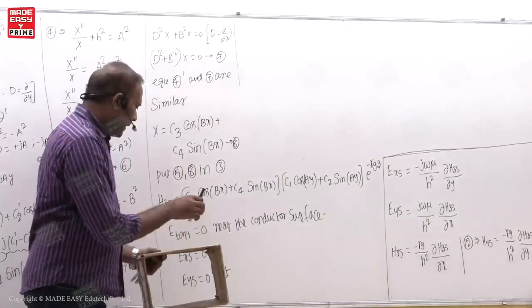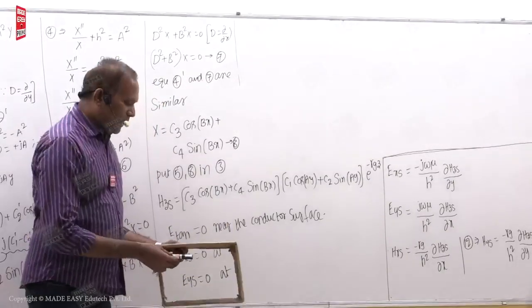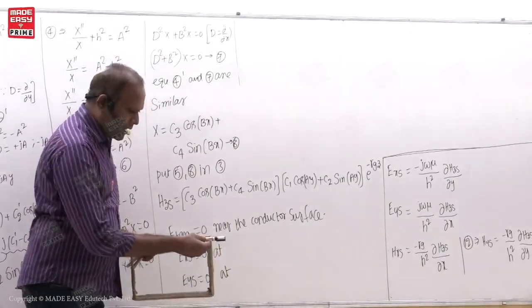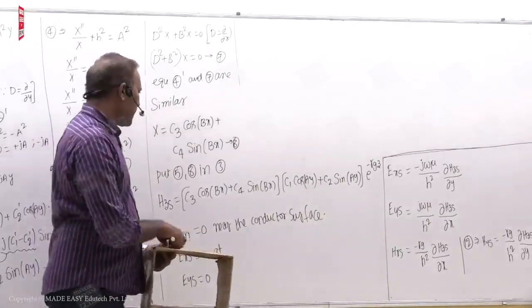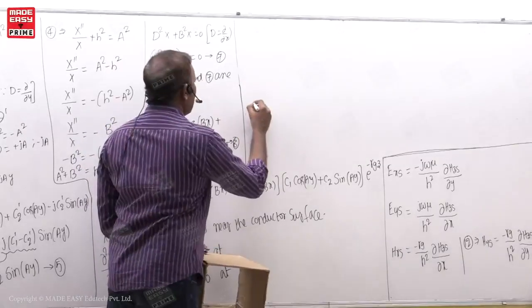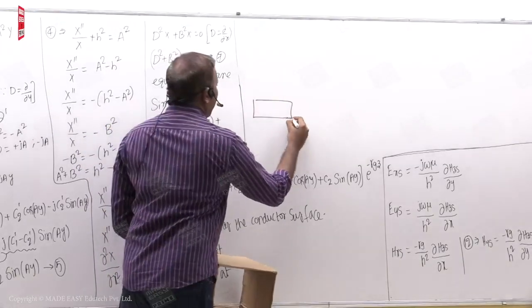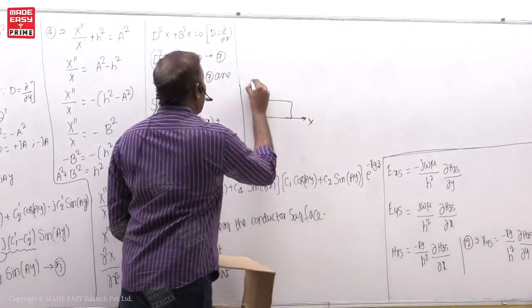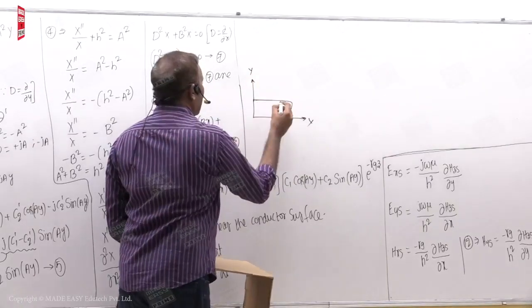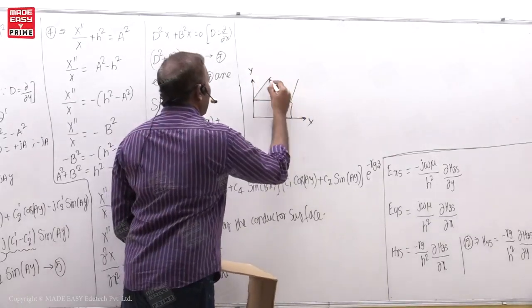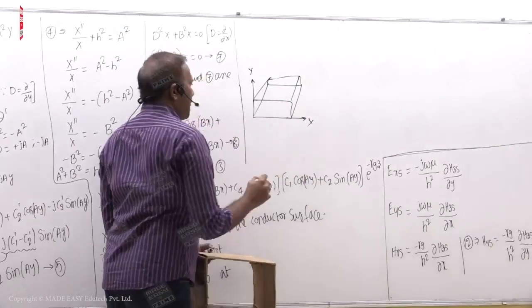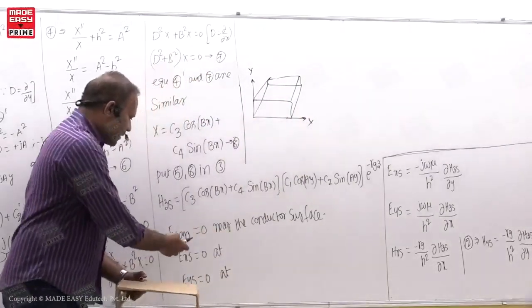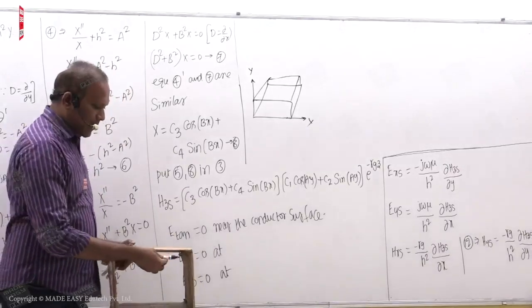If you want, I will draw the diagram here. This is the x axis we have taken, this is the y axis we have taken, and this is the waveguide. Now EXS means that is in the x direction.